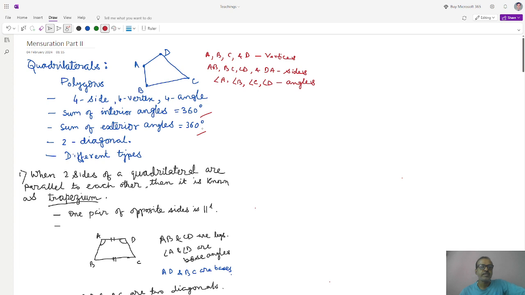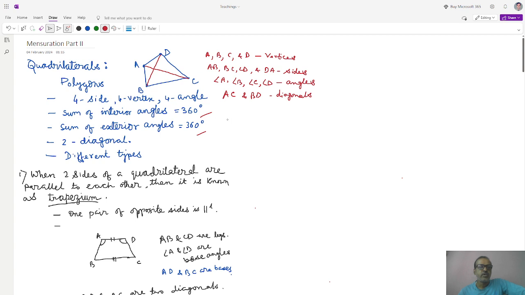Sum of interior angles equals sum of exterior angles equals 360 degrees for a quadrilateral, and there are two diagonals. AC and BD are the two diagonals of quadrilateral ABCD.